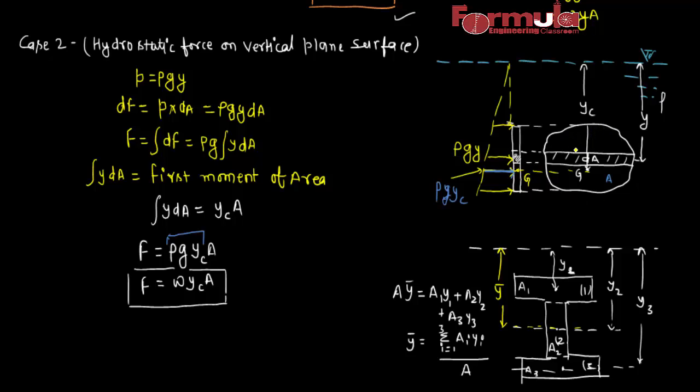And again I'm repeating this: the pressure intensity at the center of gravity of the body represents the average pressure intensity acting over this vertical plane surface. So to understand this concept more clearly, we are taking one example here.